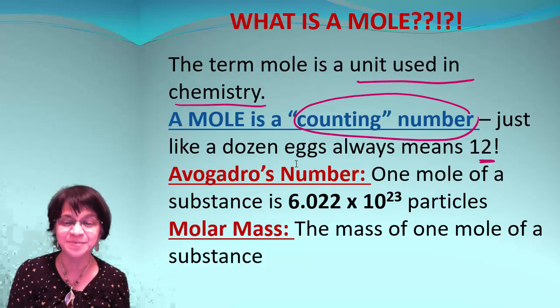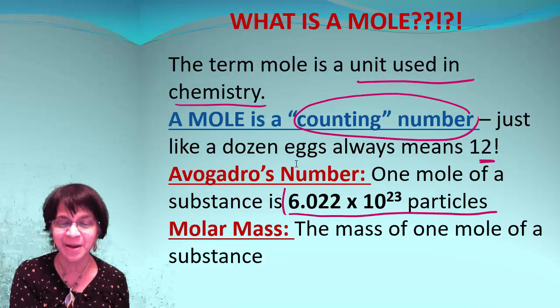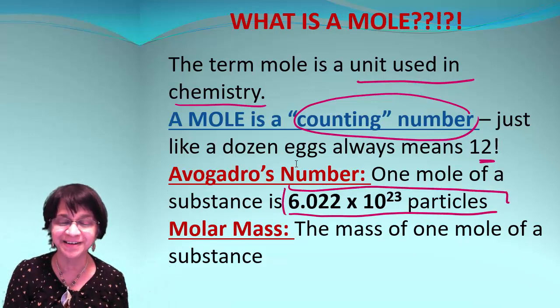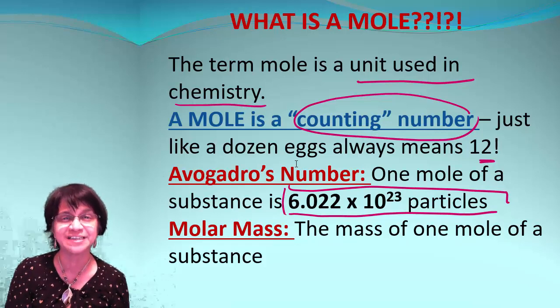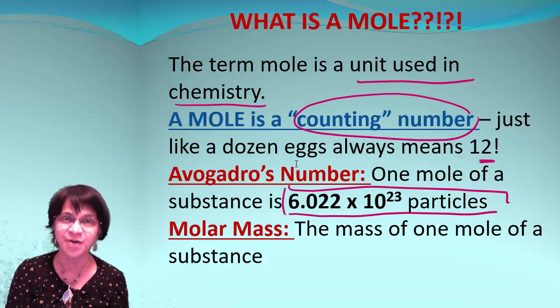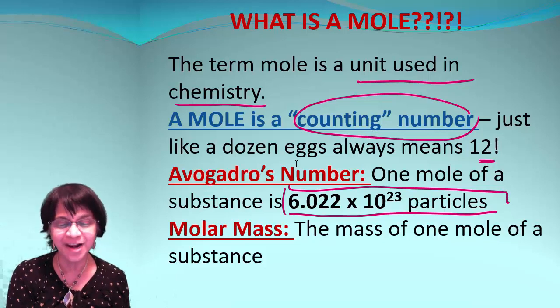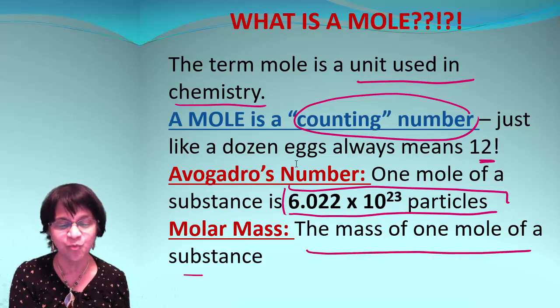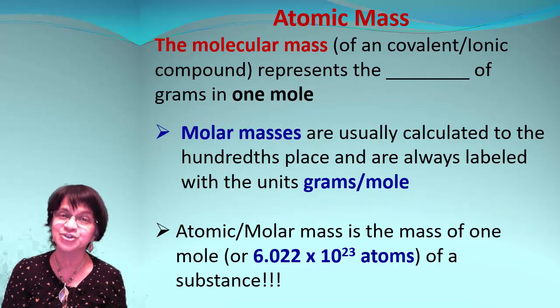If we have 1 mole of any chemical substance, we have that many particles, and that is Avogadro's number, 6.022 × 10^23. It's a huge number, but that's what we can say about 1 mole of any chemical substance. Then the molar mass is the mass of 1 mole of substance, and we can relate these two things together.